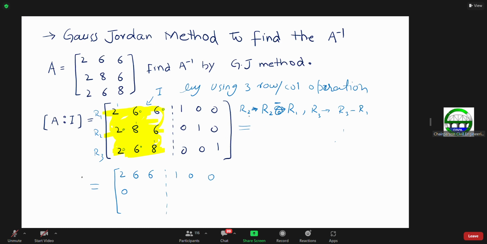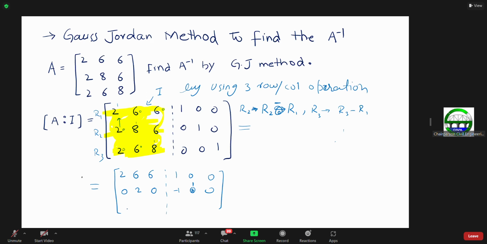So R2 will be equal to this minus this one. 2 minus 2 is equal to 0, 8 minus 6 is equal to 2, 6 minus 6 is equal to 0, and 0 minus 1 is equal to minus 1, and 1 minus 0 is equal to 1, and 0. And R3 will be equal to R3 minus R1.